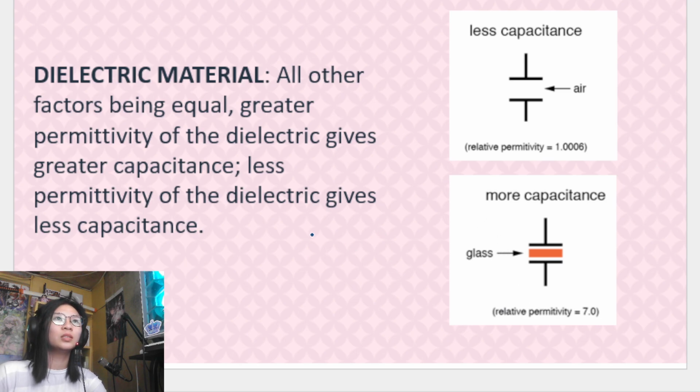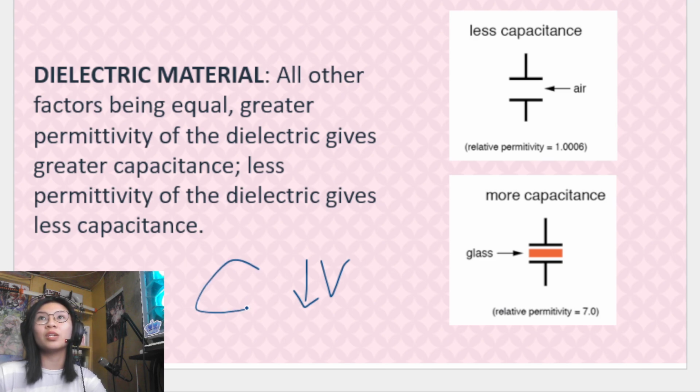Okay. So the more permittivity you have, the more your voltage drops. And voltage and capacitance are inversely proportional with each other. So when voltage is low, capacitance is high. Okay.